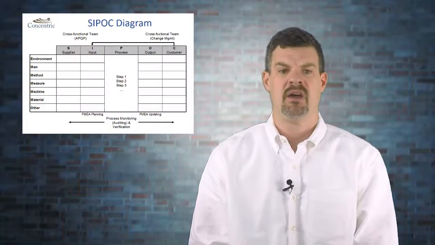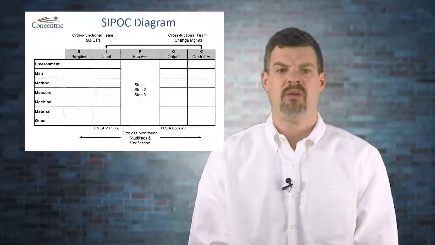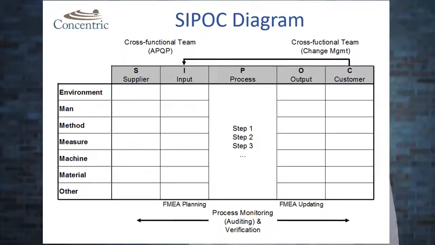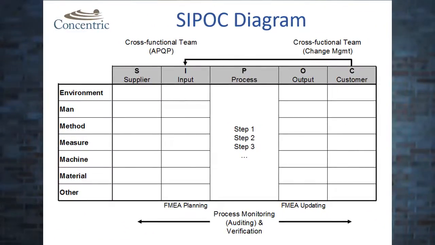SIPOC is supplier, input, process, output, and customer. So it's expanded a little bit on the left and right side of a turtle. But to me, what a SIPOC diagram lacks is defining resources and how the process is measured.